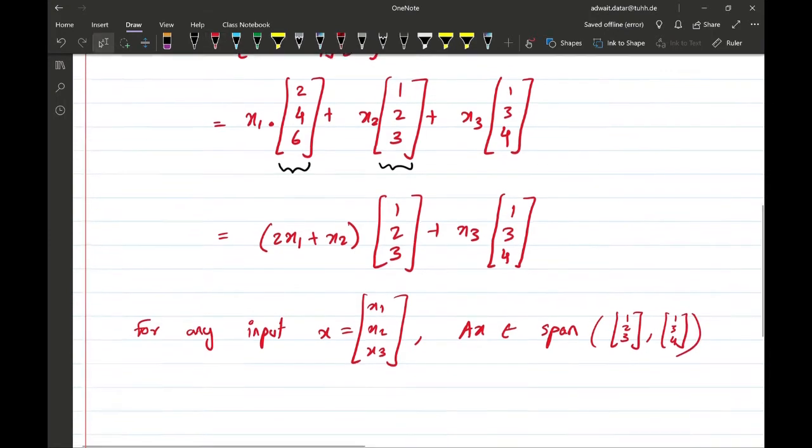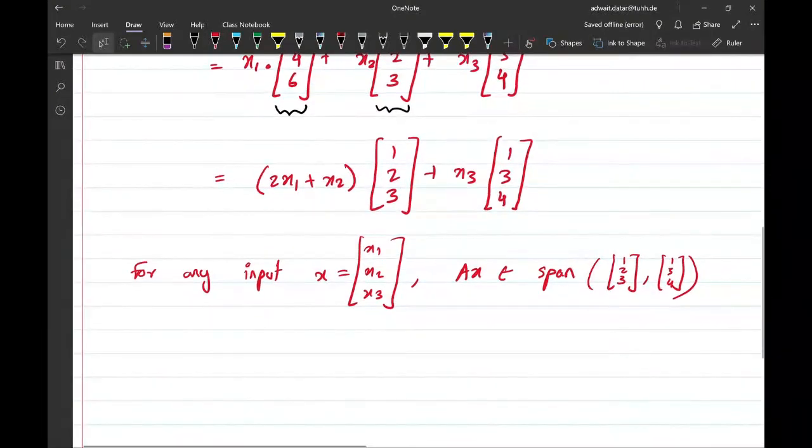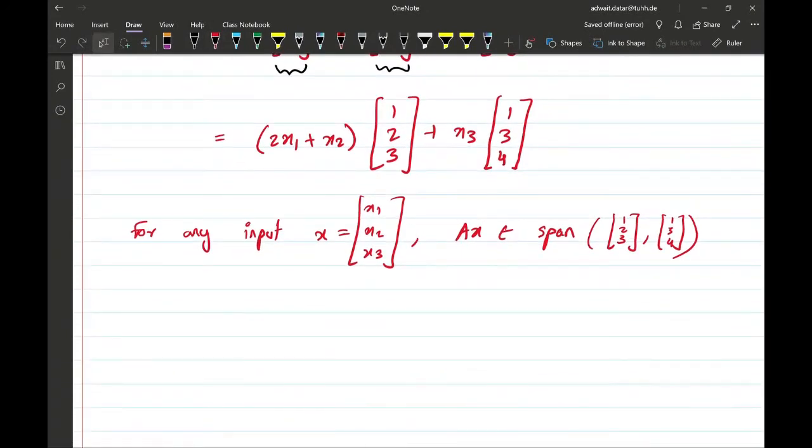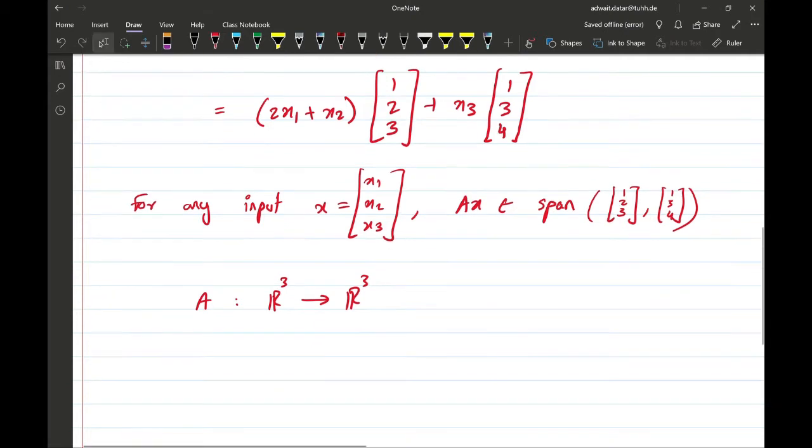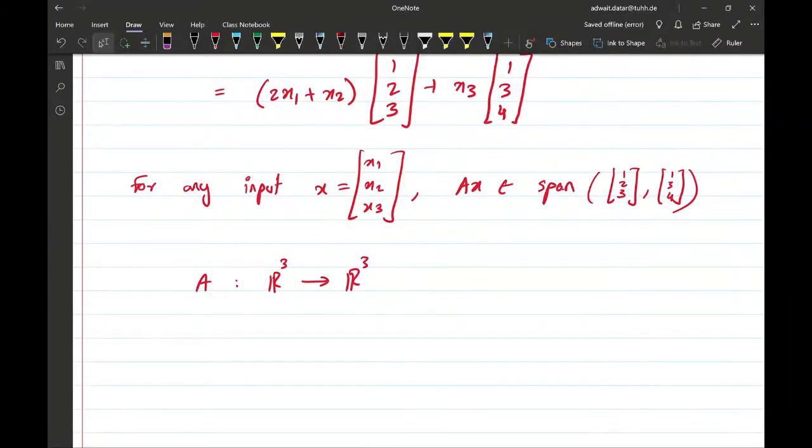So the output has to belong to a span of these two vectors. What this means is that there is at least one direction which is orthogonal to these two. Now because A maps R3 to R3, because it's a square matrix, it's mapping three-dimensional vectors to three-dimensional vectors, we have at least one direction in the output that cannot be reached by any input.